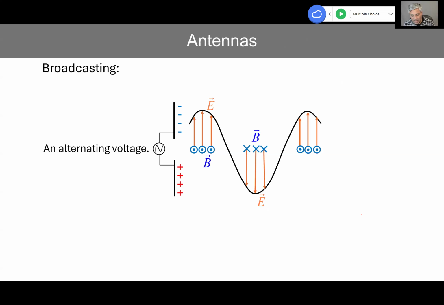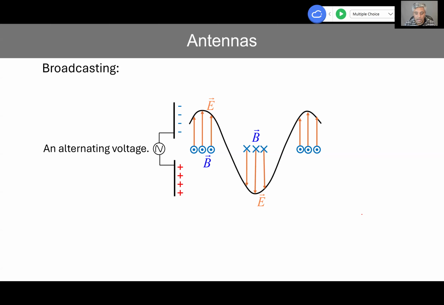Okay. So now about the antennas, how do they generate, how do they work? In the old days, there used to be an antenna attached to the TV. You can still use an antenna and capture the local broadcasts like ABC, CBS, PBS, Fox.